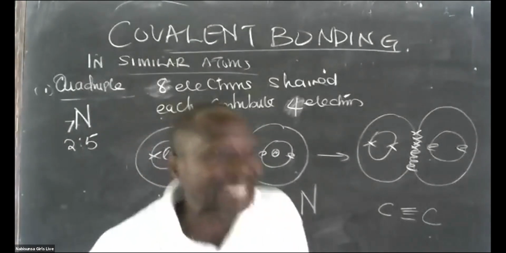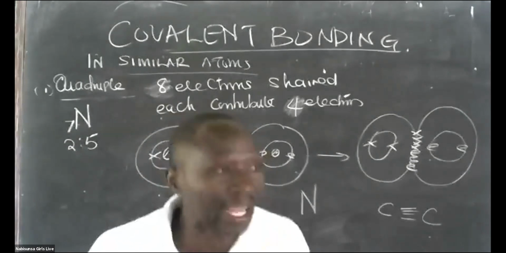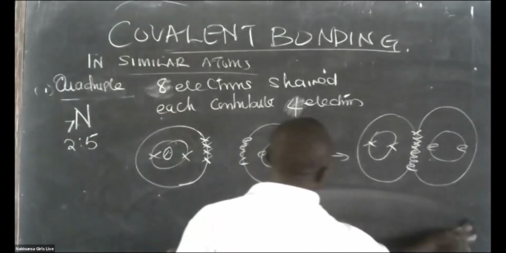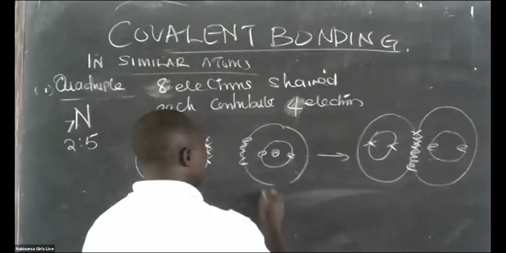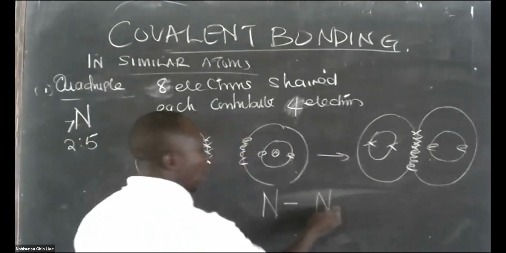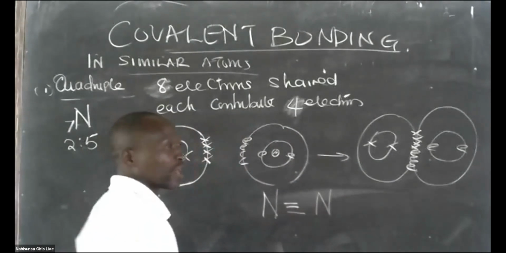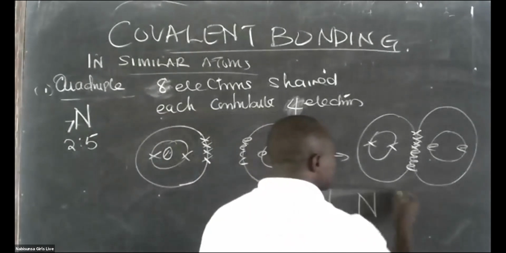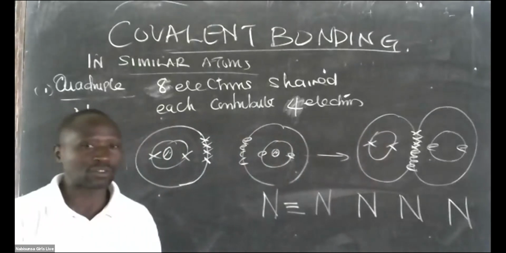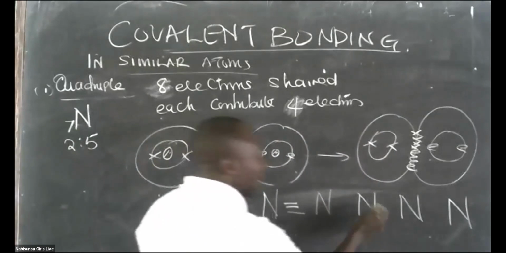If I say N3, it means that there are 3 atoms of nitrogen. N2 means nitrogen connected to nitrogen, but the 2 are connected by a triple covalent bond. When you say N3, it means I have 3 nitrogens. In the diagram, we have not seen any 3 nitrogen atoms. So they are not 3.